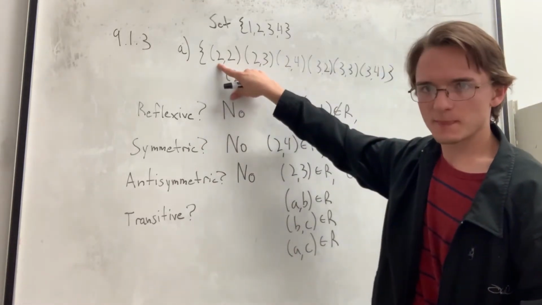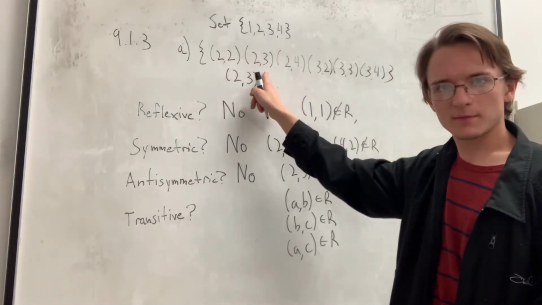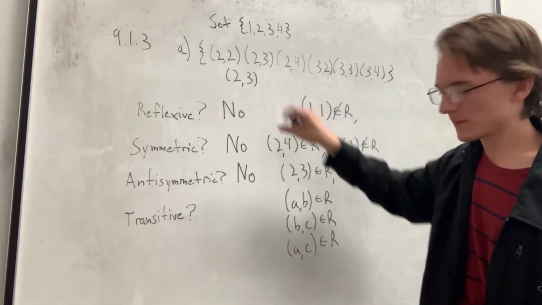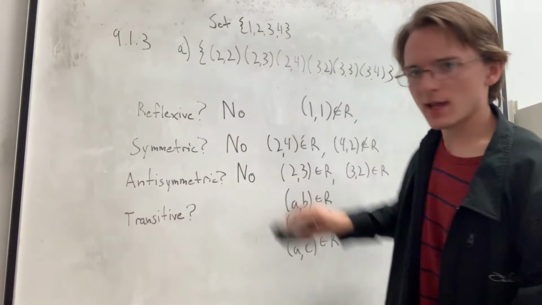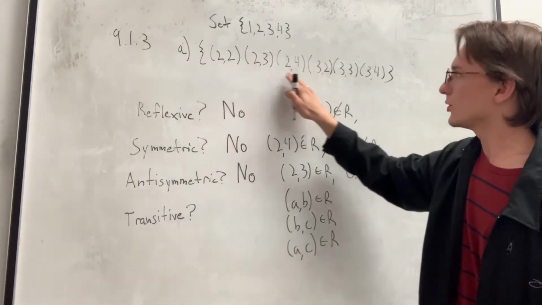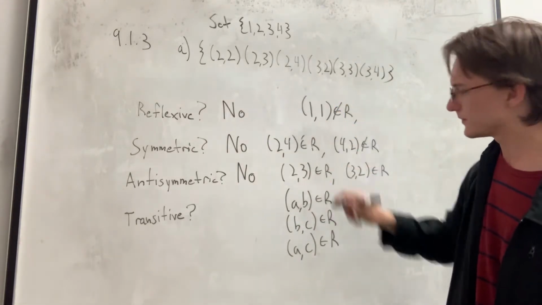This pair's left must point to this pair's right. And of course, that's satisfied by this relationship. So that's okay, that's transitive. We have 2 comma 2 and 2 comma 4, so therefore 2 comma 4 must exist, and it does.